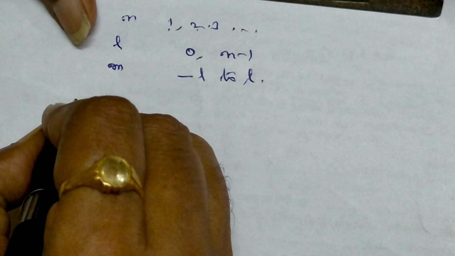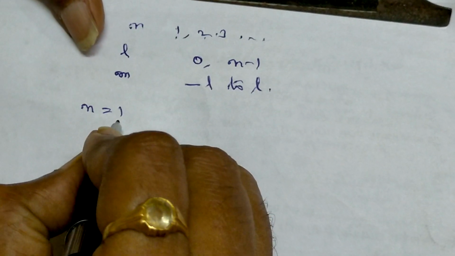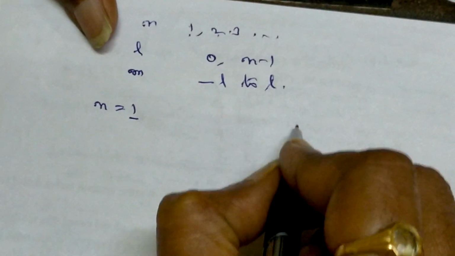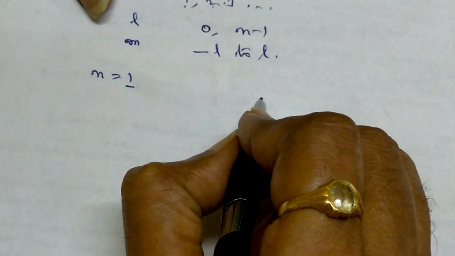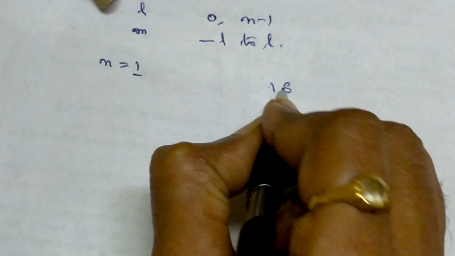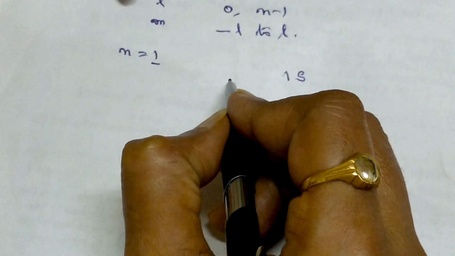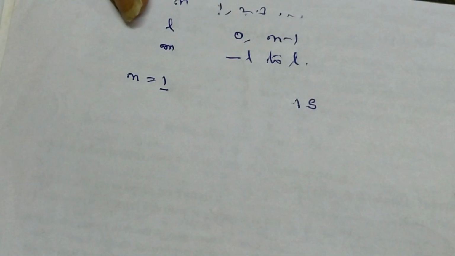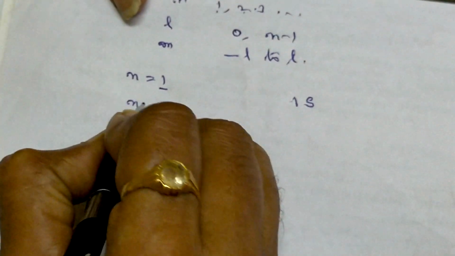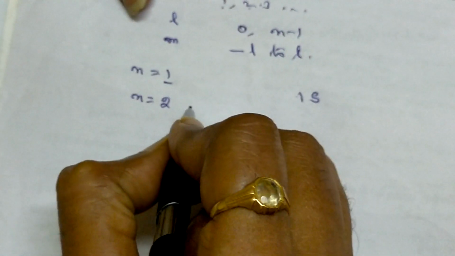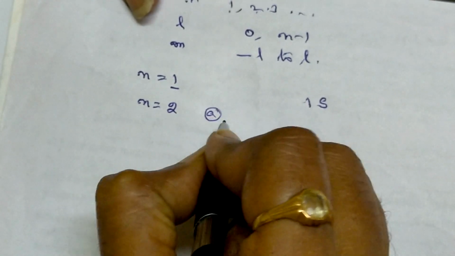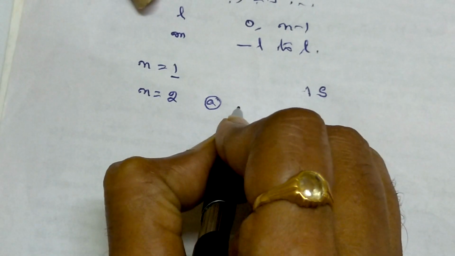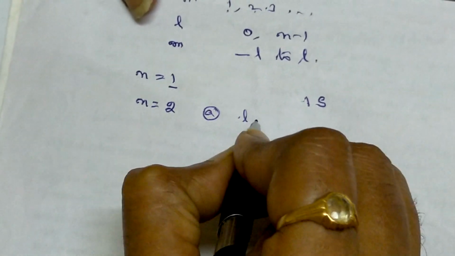If n is equal to 1, that means the first principal quantum number, there is only one orbital. This will be 1s, because we have seen K, L, M and all, and the sublevels are s, p, d, f. Now take n equal to 2. There are two cases. Case A, l equal to 0.